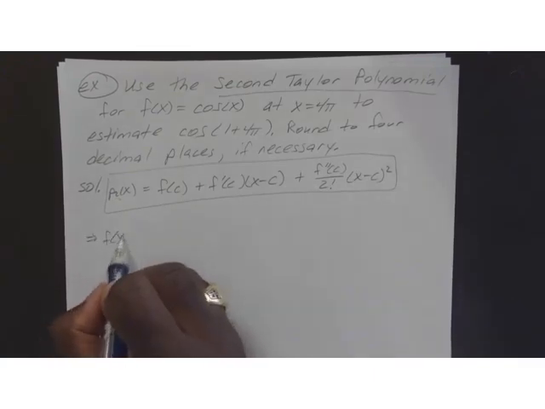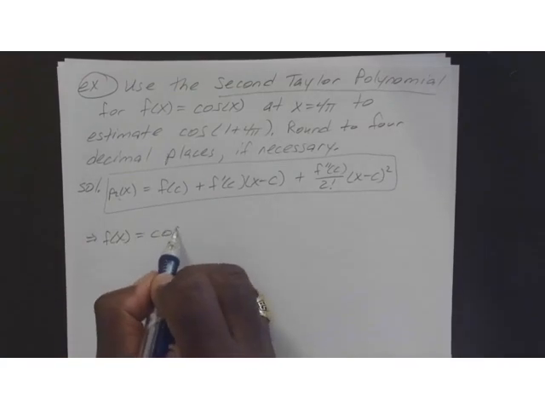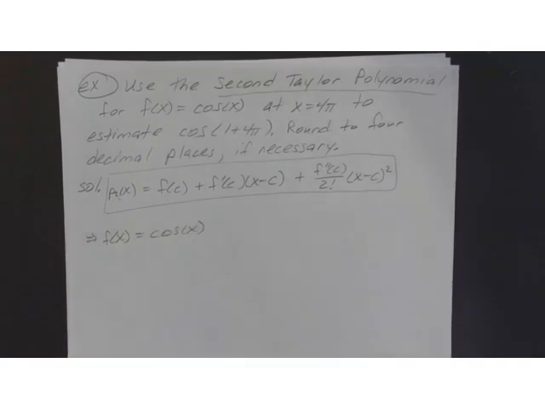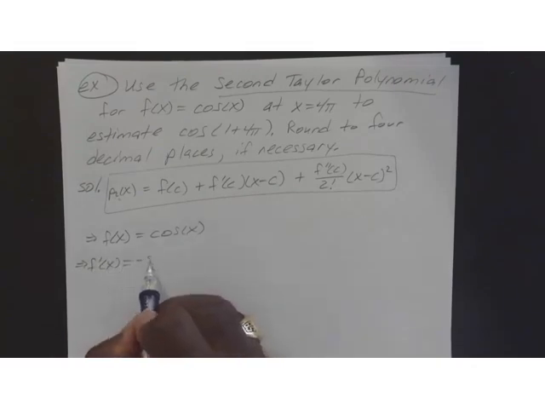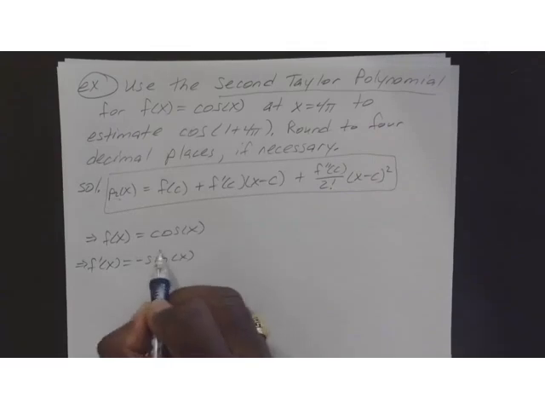Okay, well, we know that f of x, that's our cosine of x. And our f prime of x is negative sine of x.